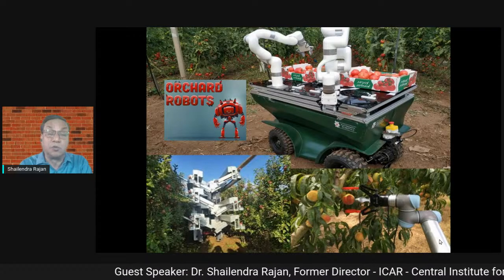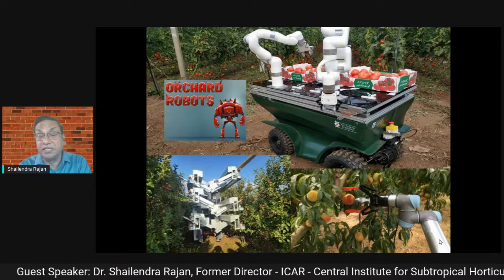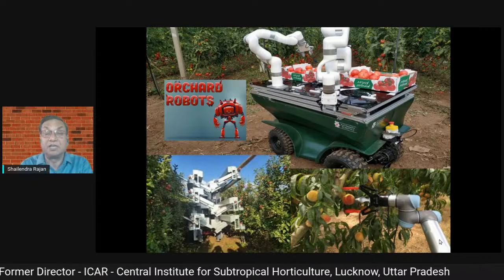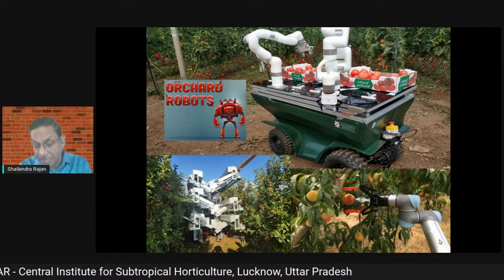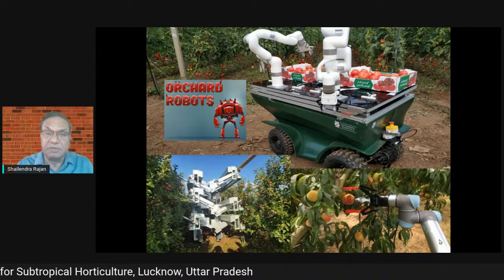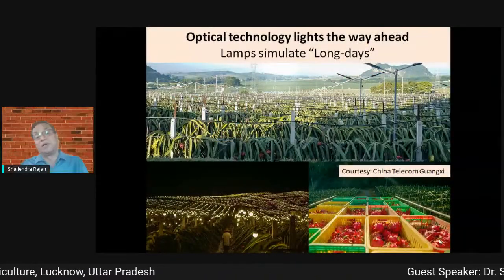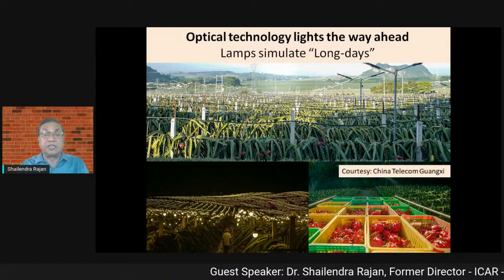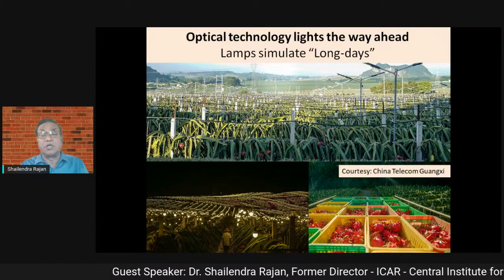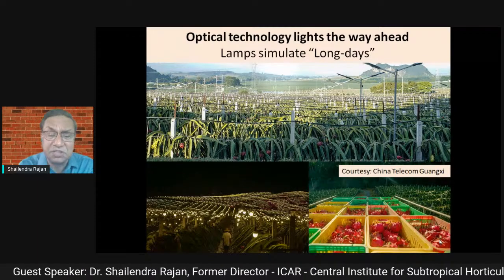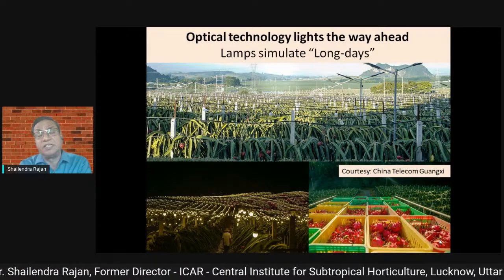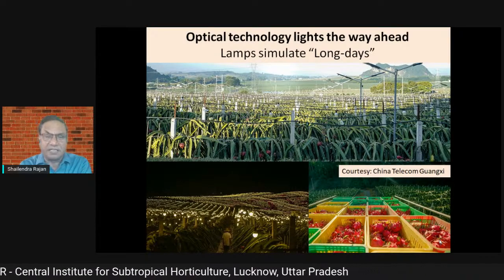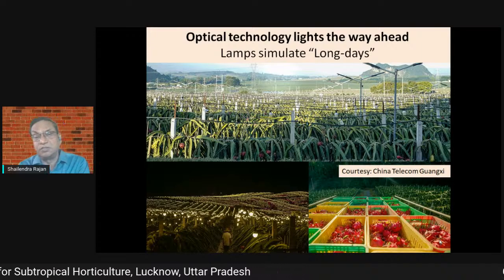But robots can selectively, within 1 minute, harvest several fruits very well, place them in boxes, and pack also. So these types of facilities will be available to reduce the labor intensive cost. Here is one of the examples from China, where LED lamps have played an important role in case of vegetables and plant factories, but outside also this is doing well.